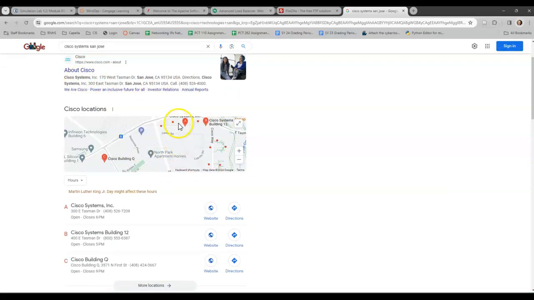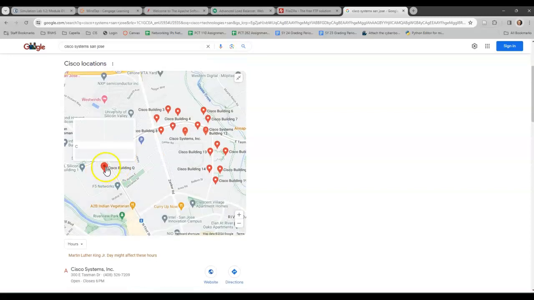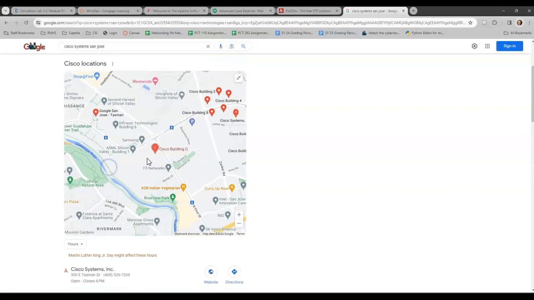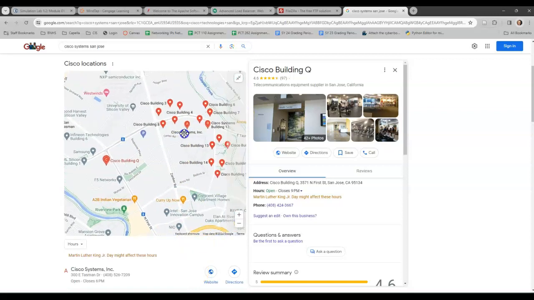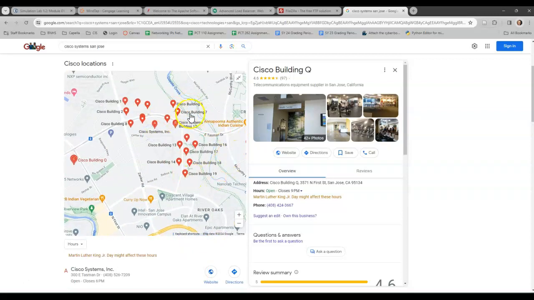I don't know if we can see all of them. So we have our Cisco buildings here. This is Cisco building Q. They've got so many different buildings. They've got almost all of this area, except for the University of Silicon Valley. But Cisco Systems has this whole area. Look at all of these buildings.